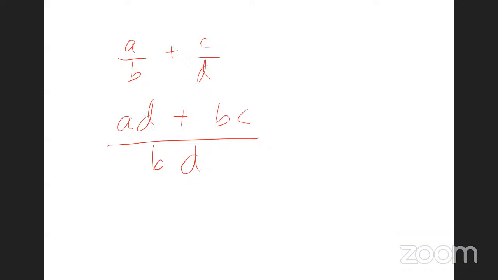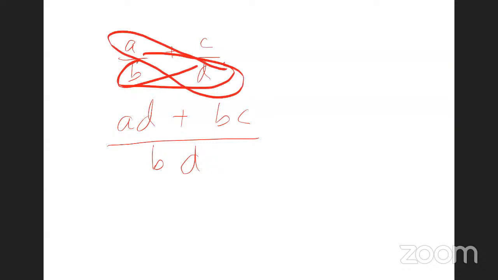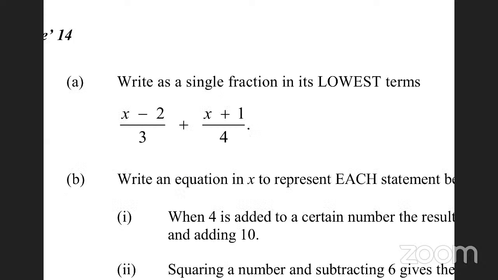That's the way you handle fractions like this all the time. So, as a quick practice, try that for now.